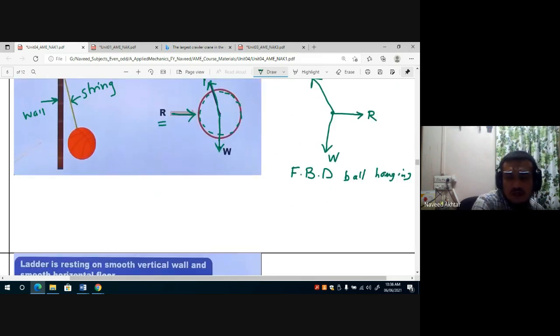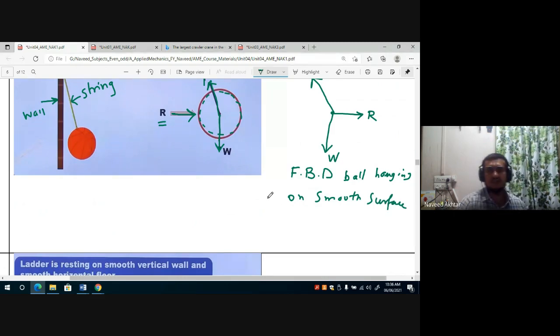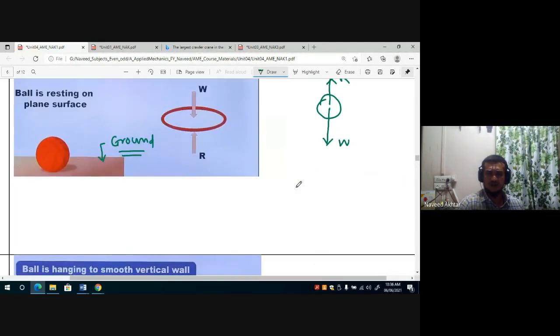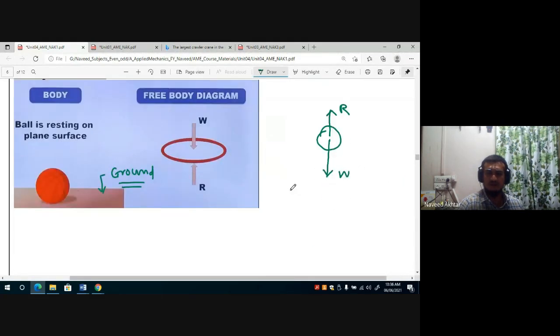If we draw it exactly, the free body diagram is just a point where the forces are meeting at one point.